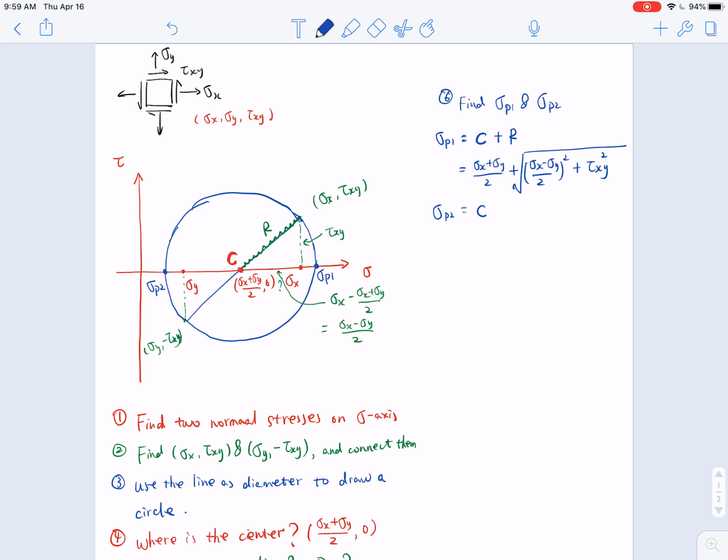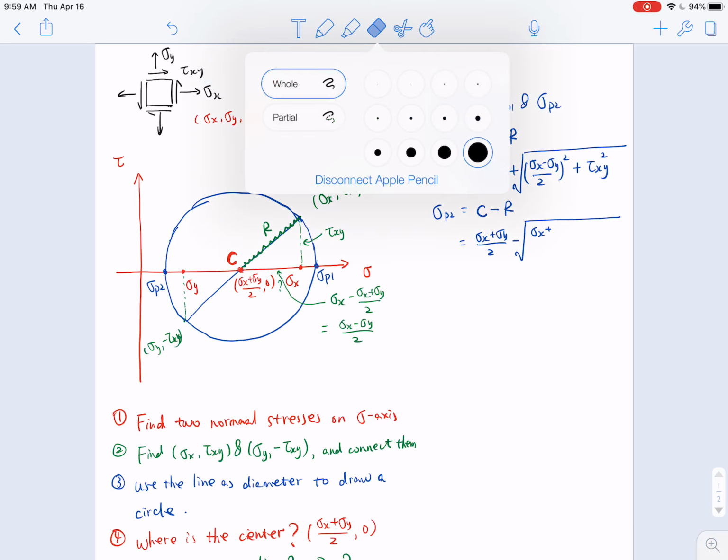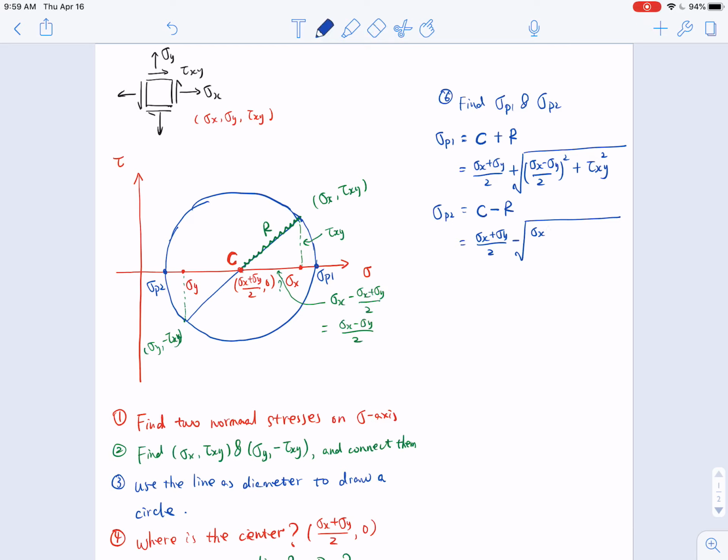That is from the center minus R. So here you will get sigma x plus sigma y over 2 minus the square root of sigma x minus sigma y over 2 squared plus tau xy squared.